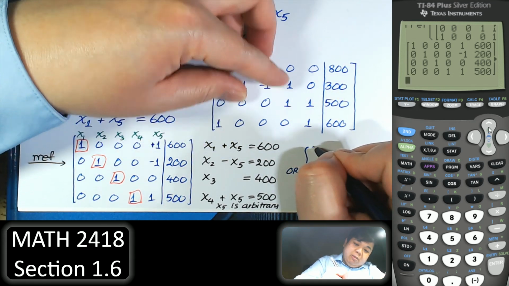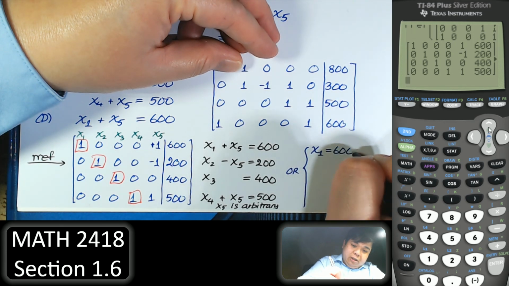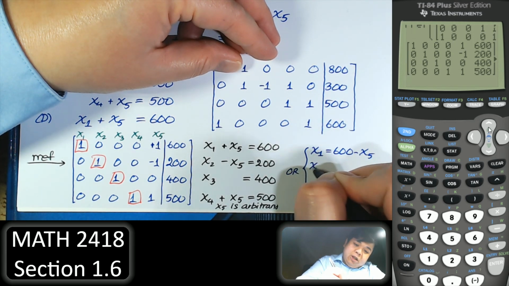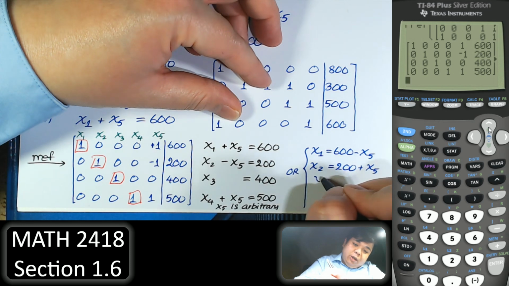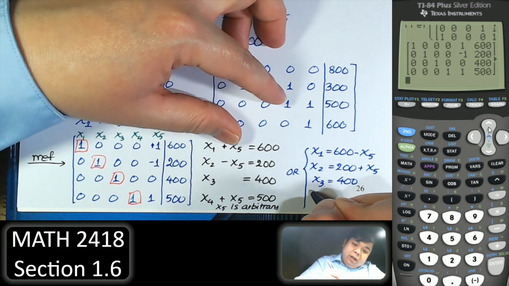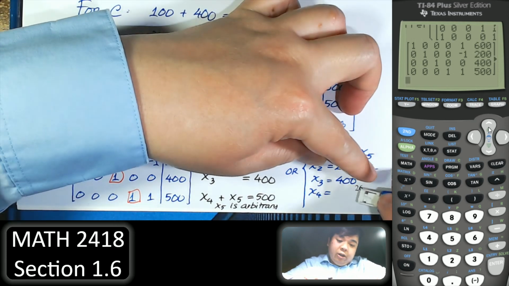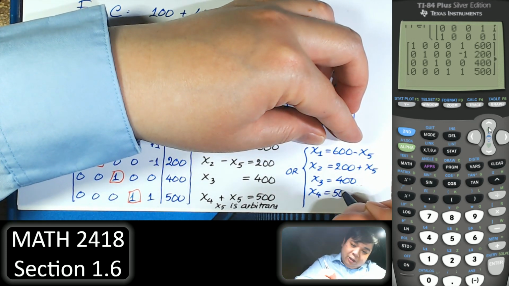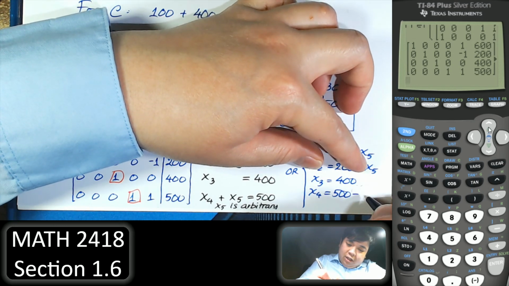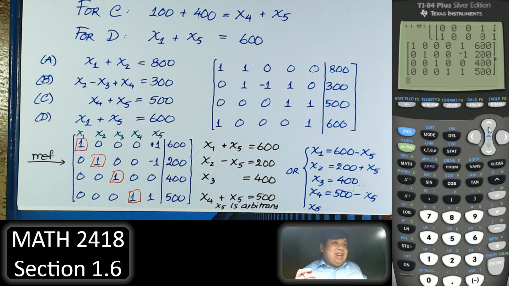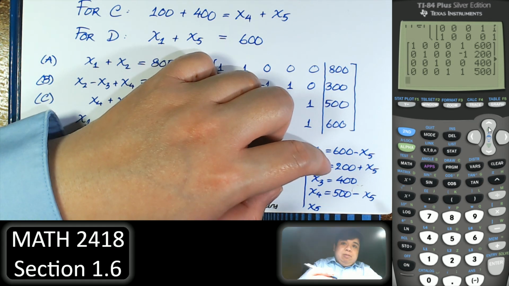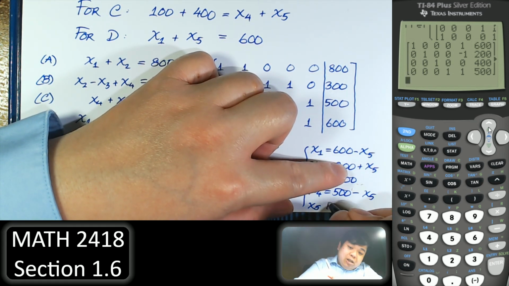We solve for everything in terms of x5. x1 equal to 600 minus x5, x2 is 200 plus x5, x3 is 400, x4 is 500 minus x5, and x5 is any real number, but I'm not going to write any real number because it cannot be negative, right? So we should say in this case x5 should be arbitrary. I just say that, but with a little note.